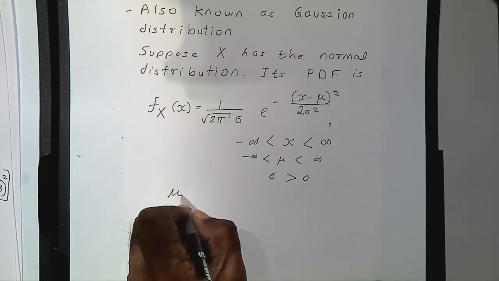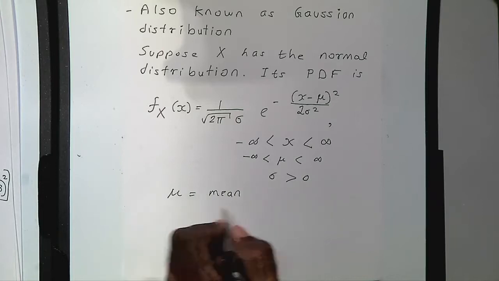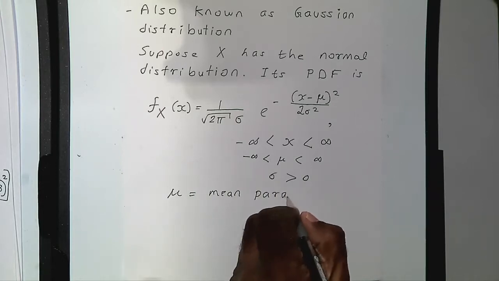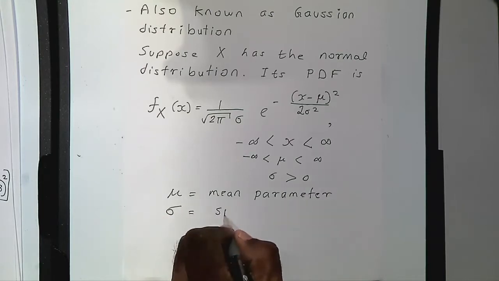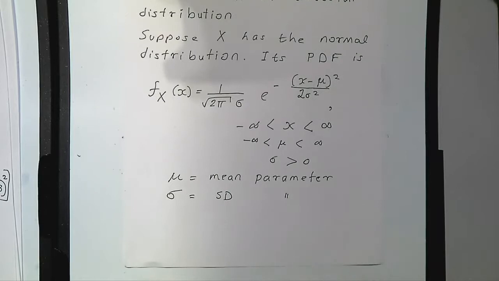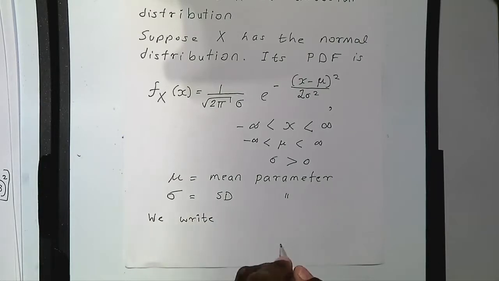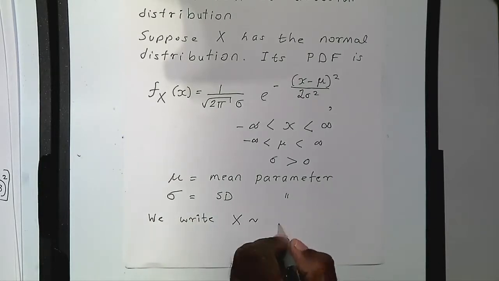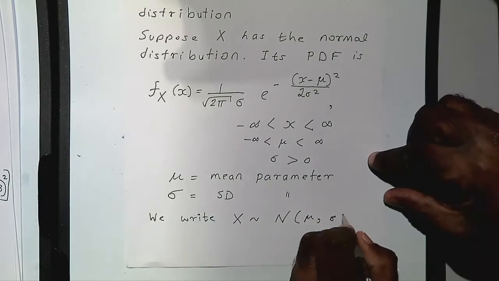Mu is known as the mean parameter. And sigma is known as the standard deviation parameter. SD stands for standard deviation, as you know. And if a variable has a normal distribution with this PDF, in notation, we write x tilde normally distributed with parameters mu and sigma squared.